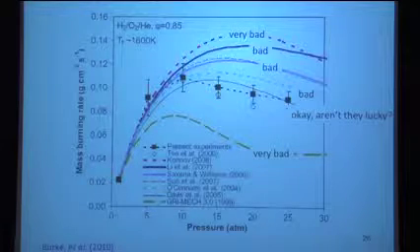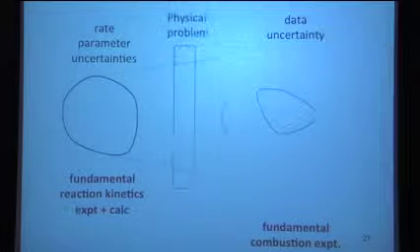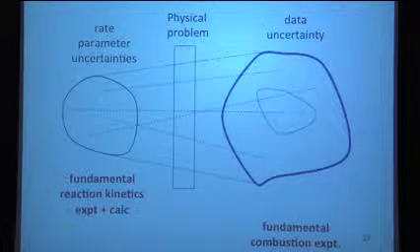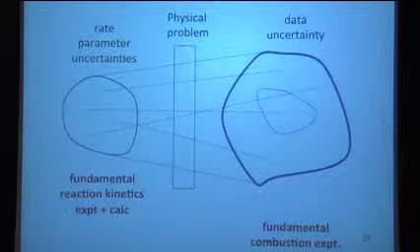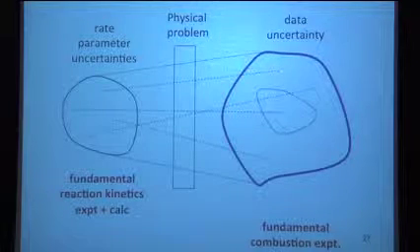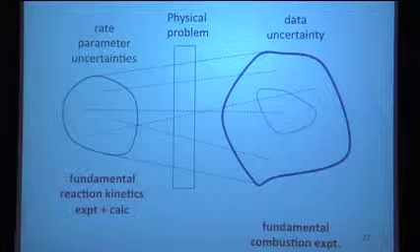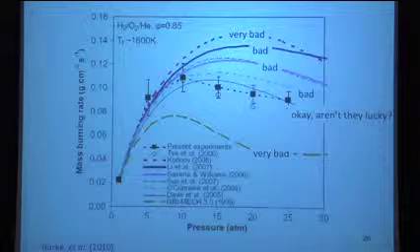Do you agree? Okay. Collectively, it forms a model. A model represents a point in this uncertainty space. So when you filter this through the physical problem, you get a prediction. You're here. The next model is going to be here. It's going to predict there. So the phenomena we are seeing is exactly that.